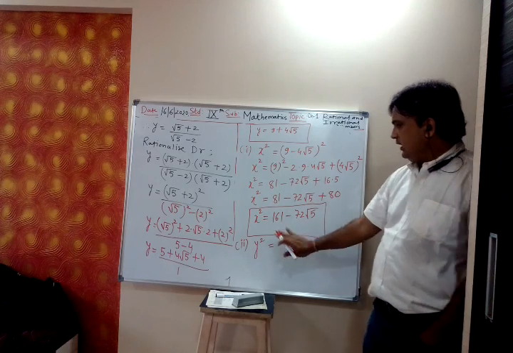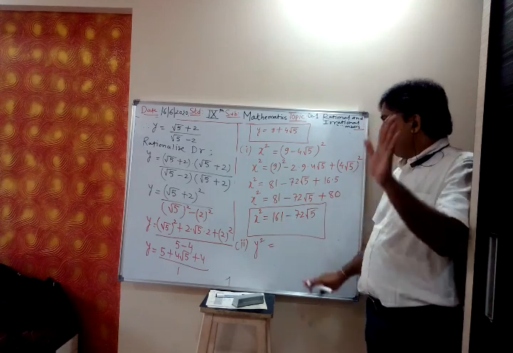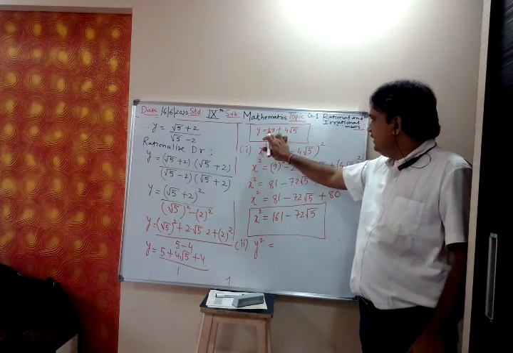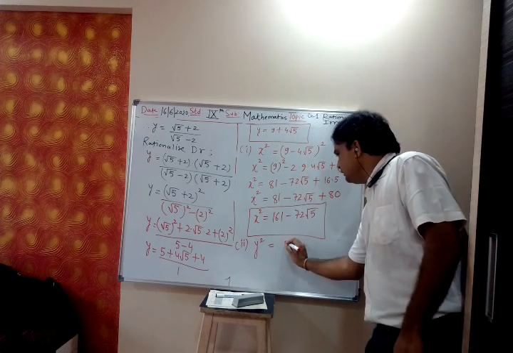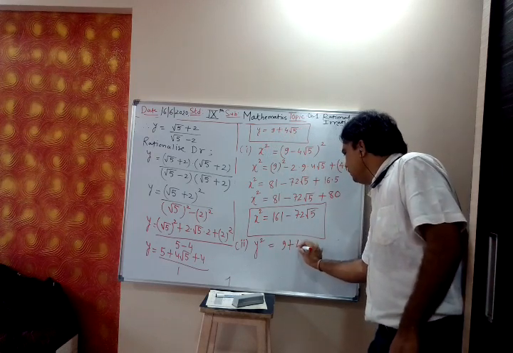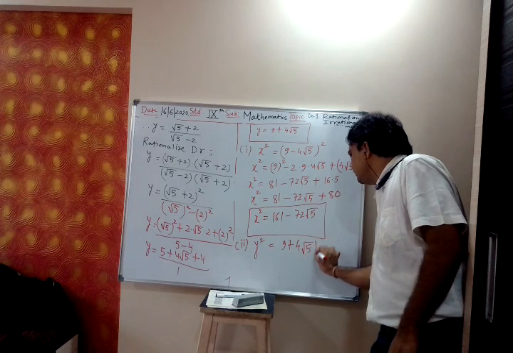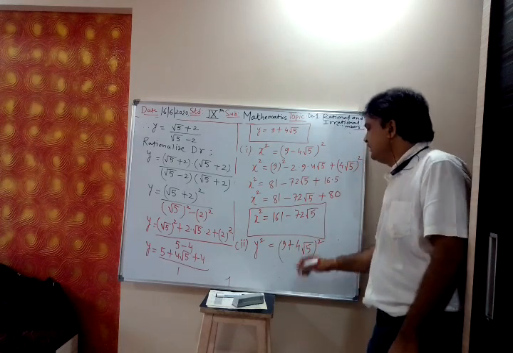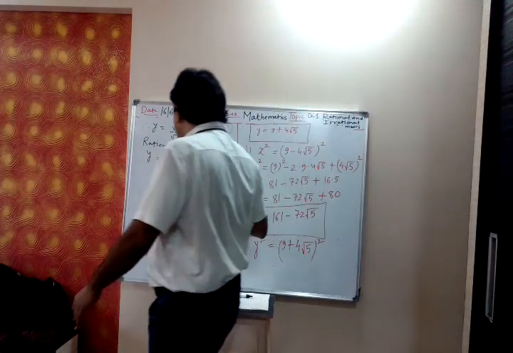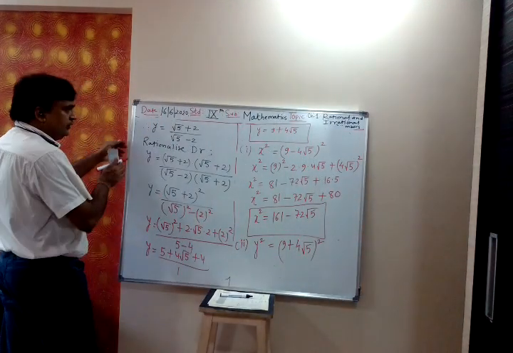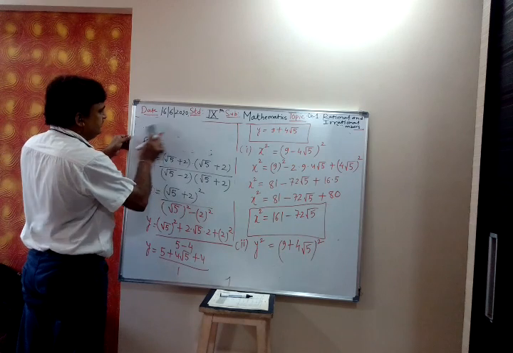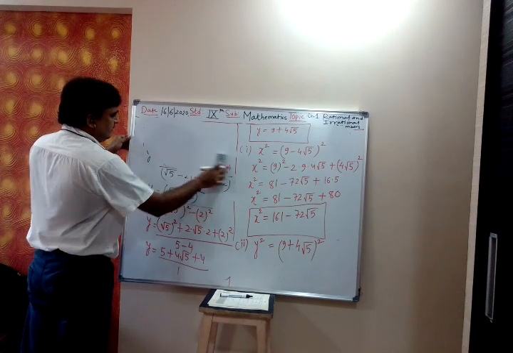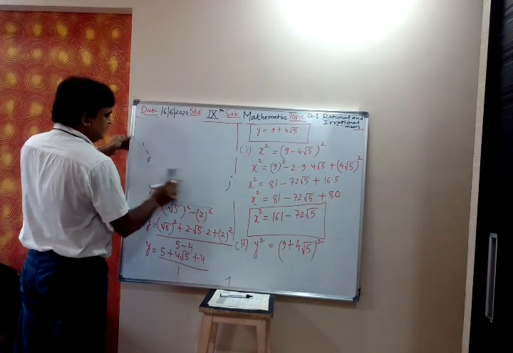Let us simplify y. Y is 9 plus 4 root 5. So this is 9 plus 4 root 5 square. Now we use the formula a plus b whole square.